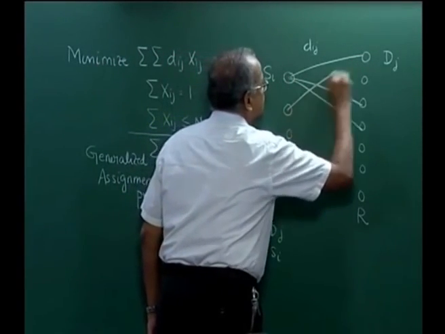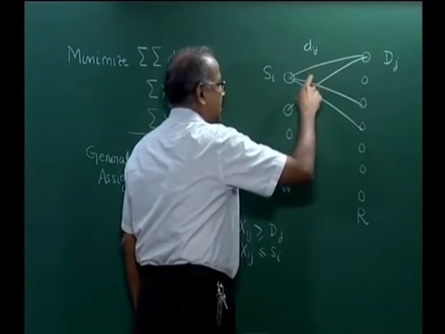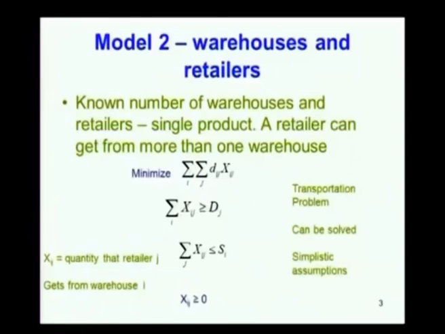You may have a situation where the demand of this can be met from both these. So, model 2 is actually a simpler version than model 1 in terms of assumptions, where a retailer can also get from more than one supply, and in terms of solution because it becomes a straightforward transportation problem which is simpler to solve than the generalized assignment problem.